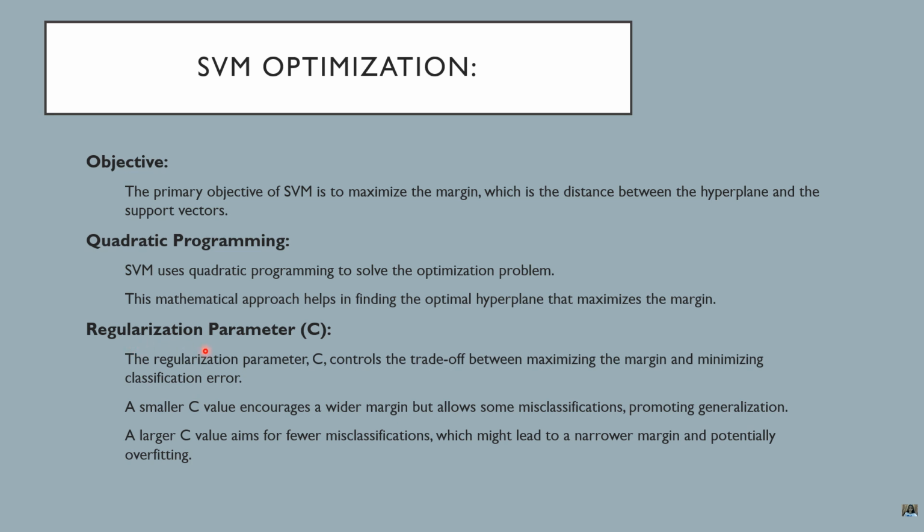The regularization parameter controls the trade-off between maximizing the margin and minimizing classification errors. A small regularization parameter value encourages a wider margin but allows some misclassification, promoting generalization. If the regularization parameter C is larger, it aims for fewer misclassifications, which might lead to a narrow margin and potential overfitting.